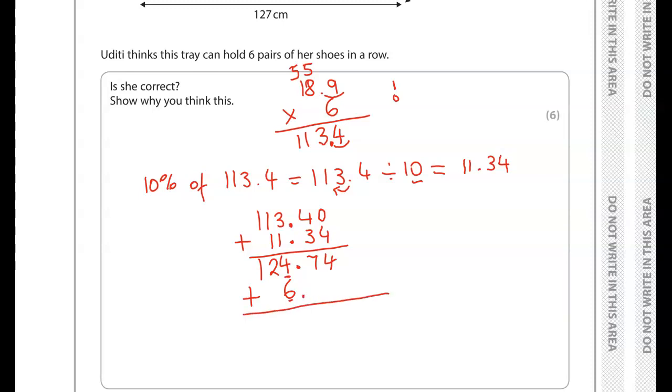So I can fill this up with zeros if it makes it easier for me. 4 and 0 is 4, 7 and 0 is 7, 4 and 6 is 10, so 0 down and 1 is carried over. 1 and 2 gives me 3. 1, which is transferred down, so 130.74.